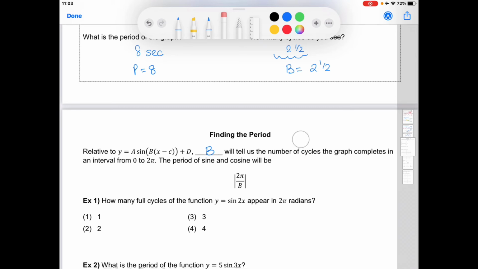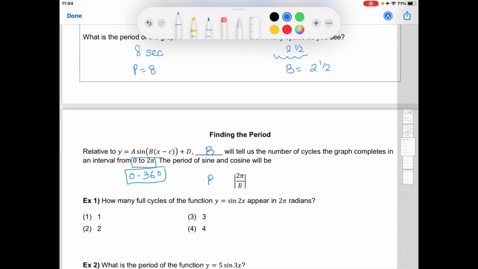B is the number of cycles the graph completes in an interval of 0 to 2 pi. With sine and cosine, we always focus on 0 to 2 pi, working from 0 to 360. How many cycles are being completed from 0 to 360? That's why I started at 0 when I was writing the pattern.